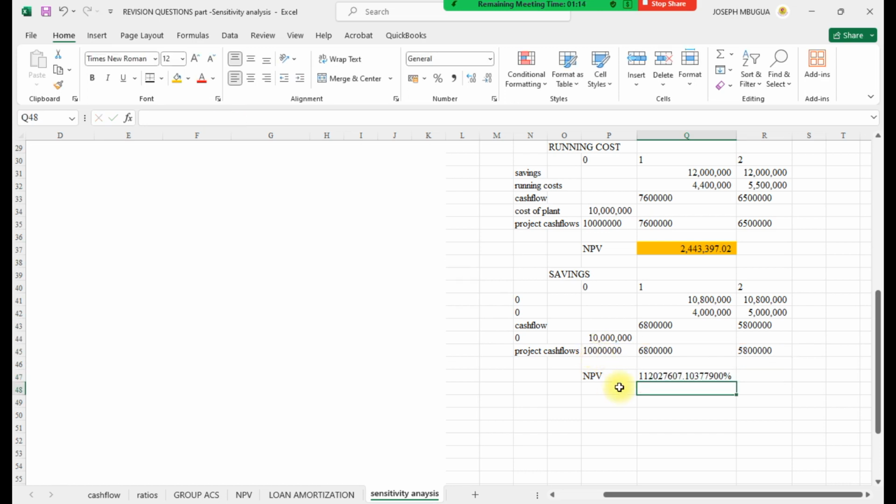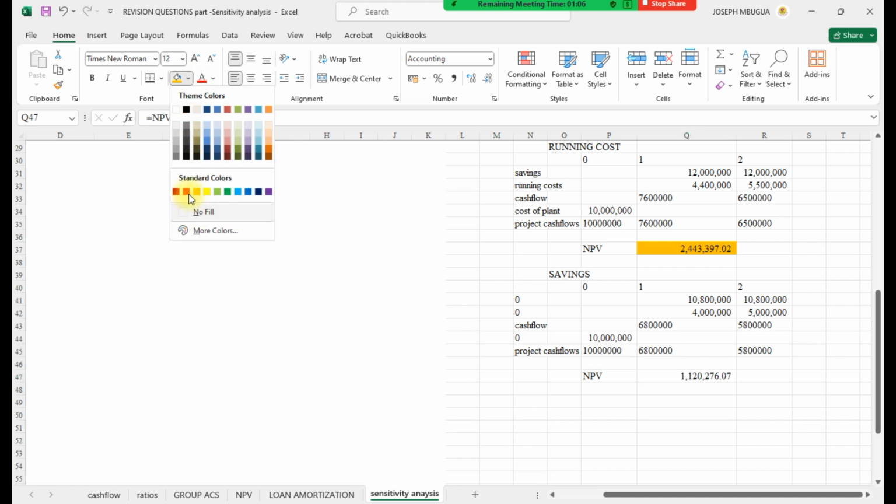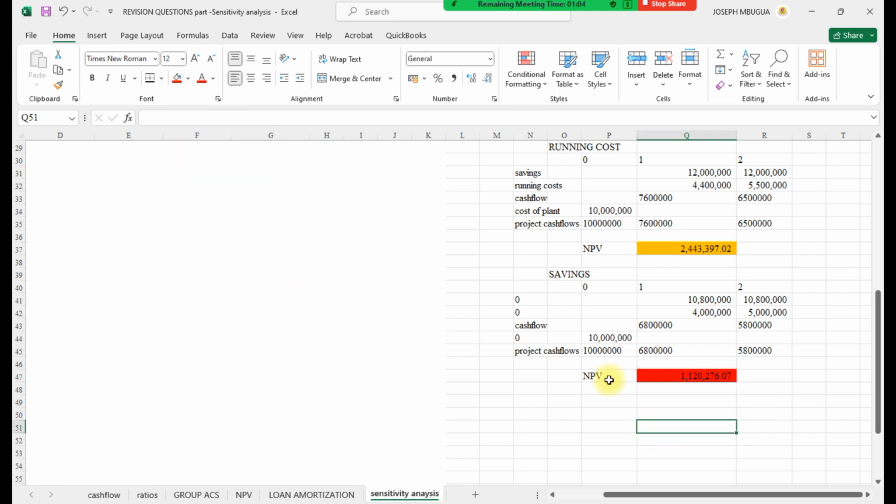It did not change. This one we convert it to a number.